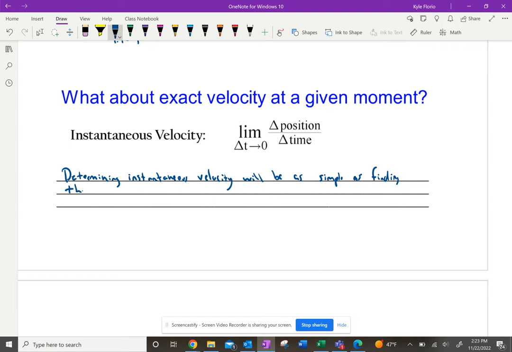So that's what this looks like, right? And this is the derivative limit definition, just with application of position and time, of the position equation.